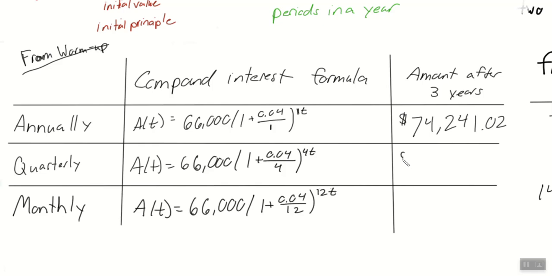What do we get for quarterly? How much money? $45. Did we already do monthly? No? Okay, did anyone get monthly yet? Yeah, Michael, what did you get? Wait, is it increasing or decreasing? Why is it increasing?